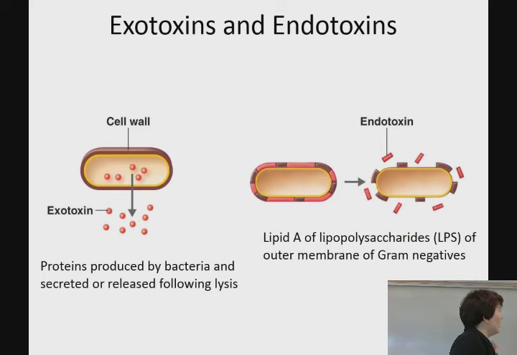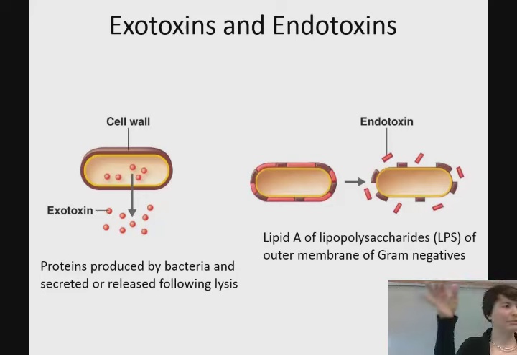And all endotoxins are found in gram-negatives, and they're part of the outer membrane. So remember the structure of the gram-negative, right? Just like all other prokaryotes, we have our cytoplasm, we have our plasma membrane, then we have a cell wall, and the cell wall has this very particular structure. It has a little bit of peptidoglycan, but not very much. And then outside of that, what is there?